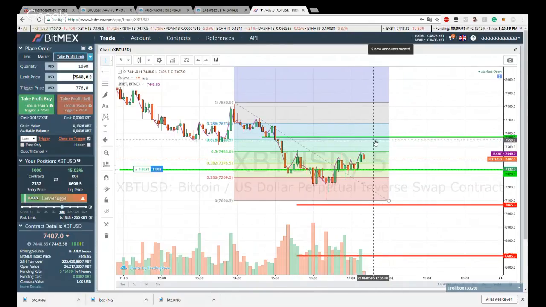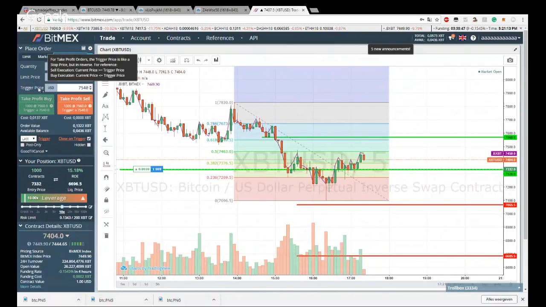Let's say I want to take profits at 75.40. Then I'm just going to put this 75.40. And of course, this has to be higher. Why does this not work?